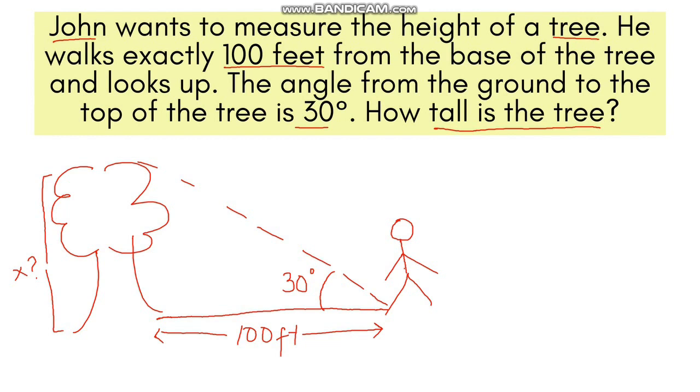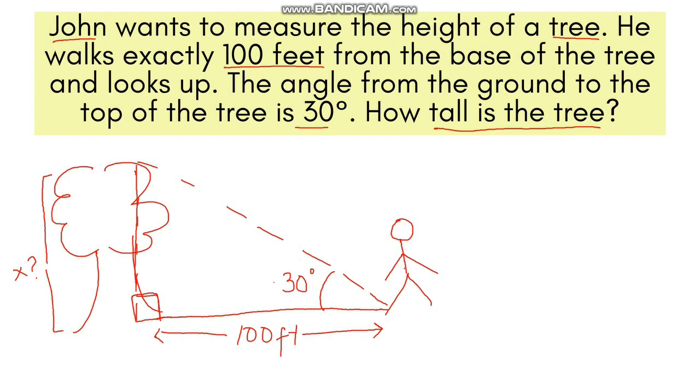Since we already have this angle right here, and let's say that this is the right angle, let's draw a segment here. This one. So this is the right angle. We have the right triangle here now. Let's now look at the given.